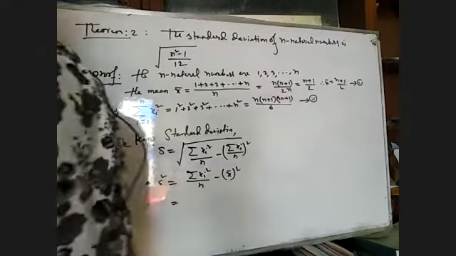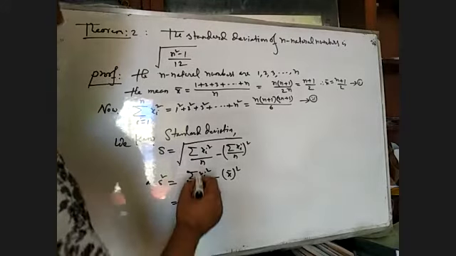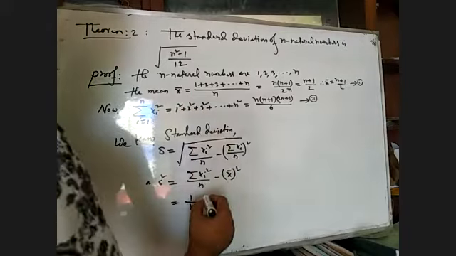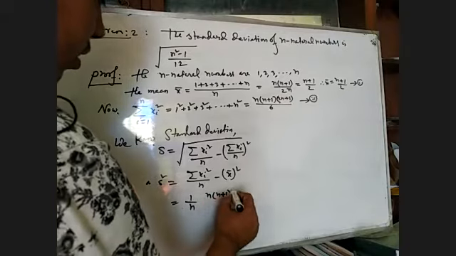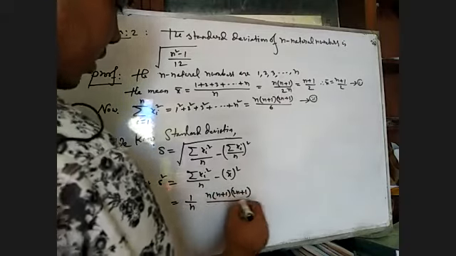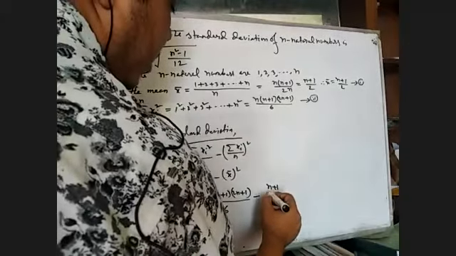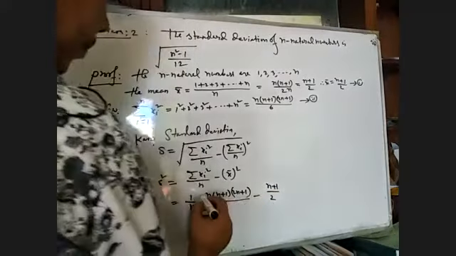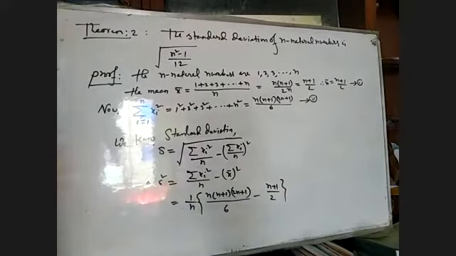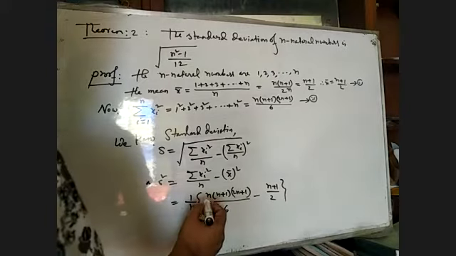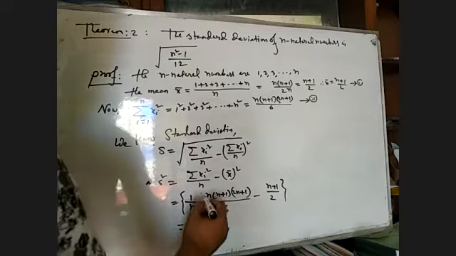So summation xi square means the sum of squares of n natural numbers. What will be the result from equation 2? n into n plus 1, twice n plus 1 by 6, minus x bar, which from equation 1 is n plus 1 by 2. Okay. So you get this one. Here, sorry, this will be like this. So here n and n will be cancelled.